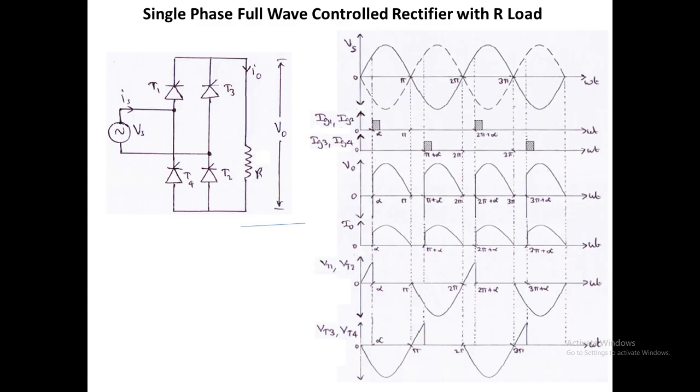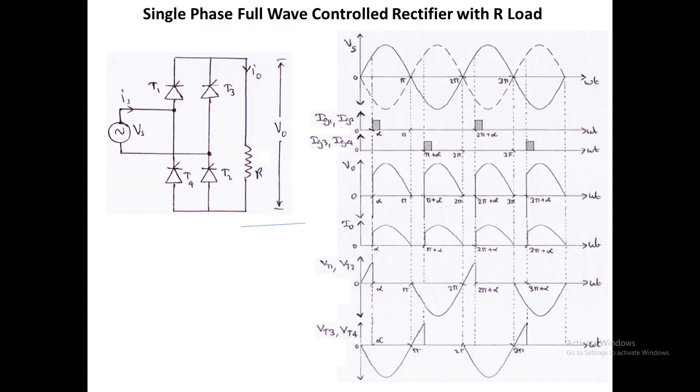So these are the waveforms we have to study, that is output voltage, output current, and voltage across the thyristors. We have to clearly draw them for any firing angle. So alpha can be varied from 0 to pi. When alpha is equal to 0 degrees, you will get the full output voltage waveform. When alpha is equal to 90 degrees, you will get half the portion of the positive half cycle, and when alpha is equal to 120 degrees, the area of the curve is reduced further.